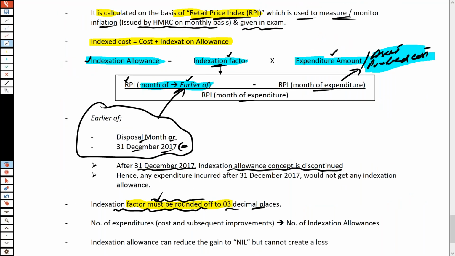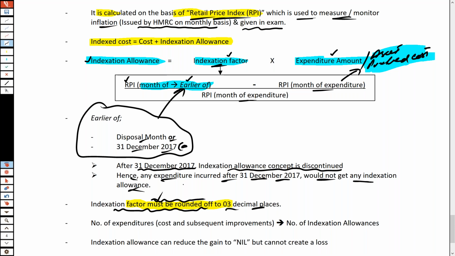Why? Because any expenditure incurred after 31st December 17 would not get any indexation allowance, since this concept is eliminated practically in the UK from 31st December 17. So if any asset was acquired before 31st December 17, on the disposal of that asset we would consider the indexation allowance as well.